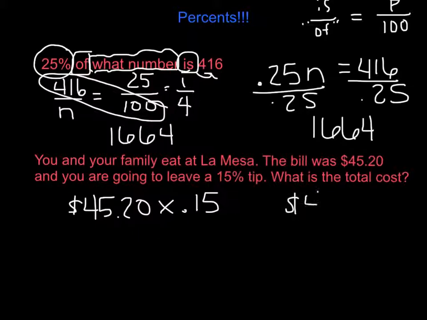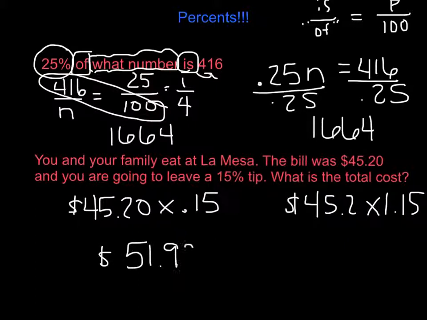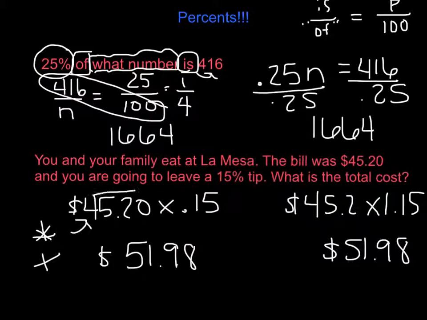So that would be 45.2 times 1.15. And both of these should give you an answer of $51.98. So again, remember on this one, this is finding your tip separately and then adding it to the initial $45.20.